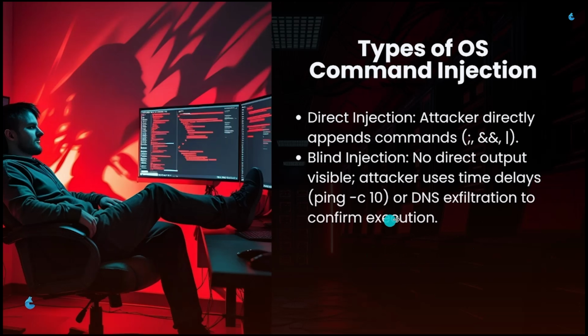Instead, they confirm successful exploitation using techniques like adding time delays with a command such as ping -c 10, or by exfiltrating data through a DNS request to a server the attacker controls.